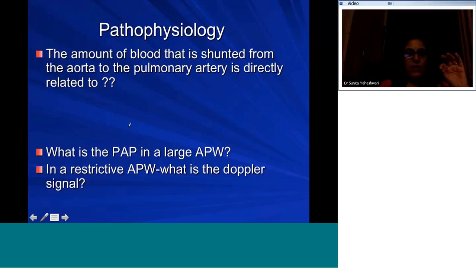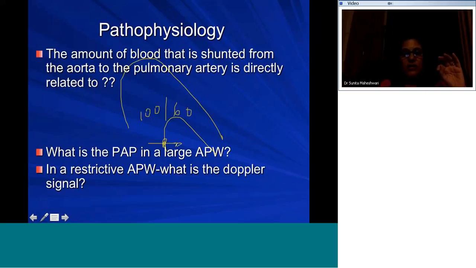If this is your aorta and the aortic pressure is 100 by 60, let's say, and now you have a restrictive AP window here, and I tell you that the gradient across this is 60.